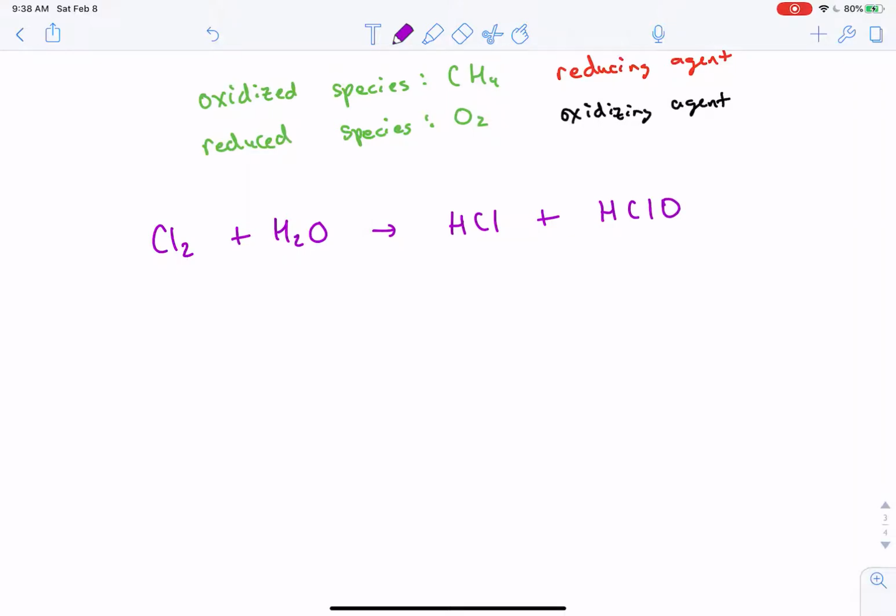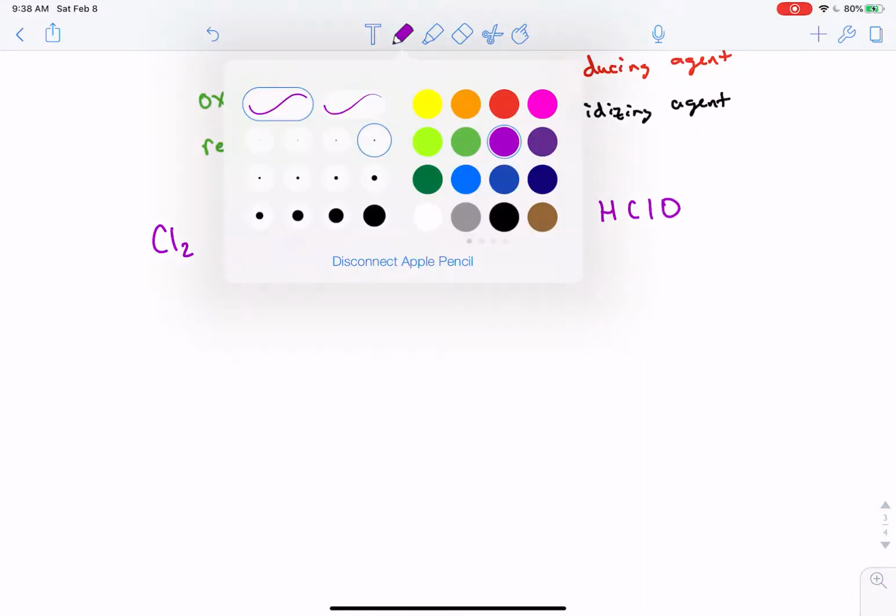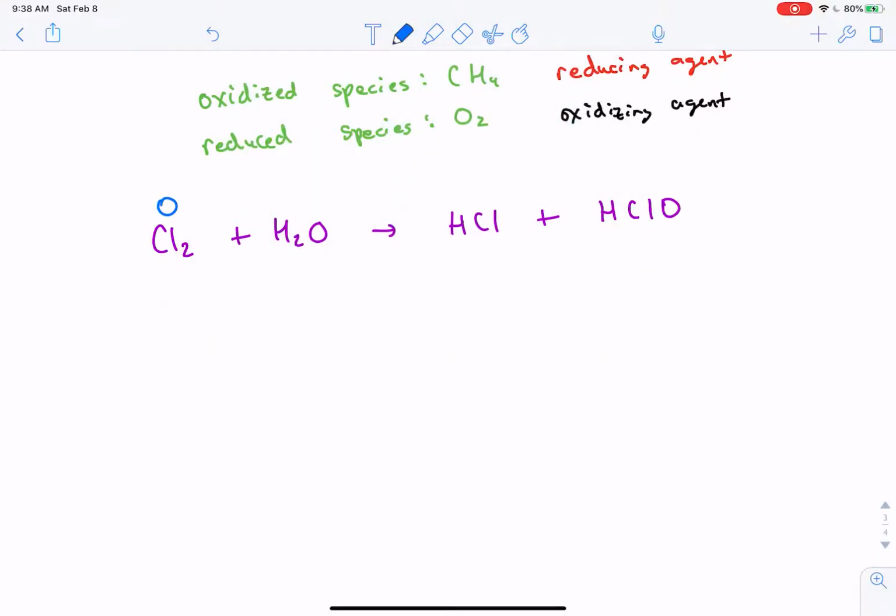When chlorine gas reacts with water, it produces hydrochloric acid and hypochlorous acid, HClO. Chlorine is 0, and here it's -1, here it's +1. So yes, the chlorine here both reduces and oxidizes.